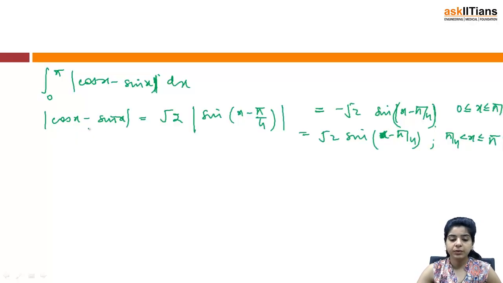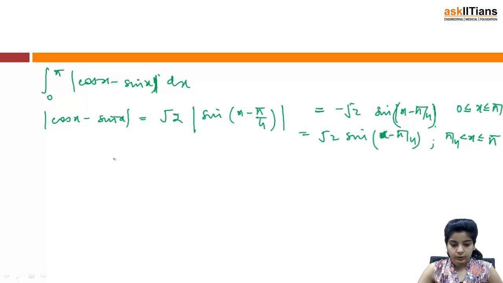Basically, first of all, we'll be reducing this to this form, and this is equal to minus root 2 sin (x minus pi by 4) for x lying between 0 to pi by 4, and it will be equal to positive root 2 sin (x minus pi by 4) for x lying between pi by 4 to pi. This step we have obtained using the properties of modulus, right?